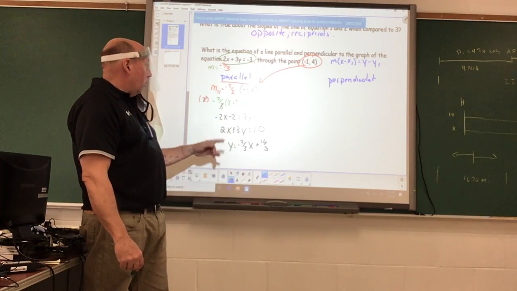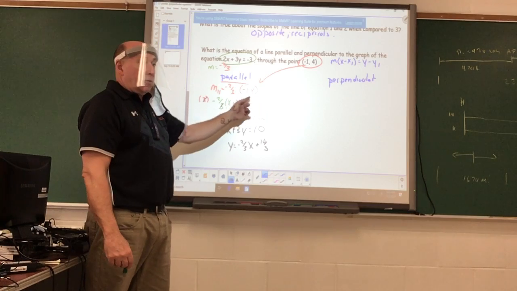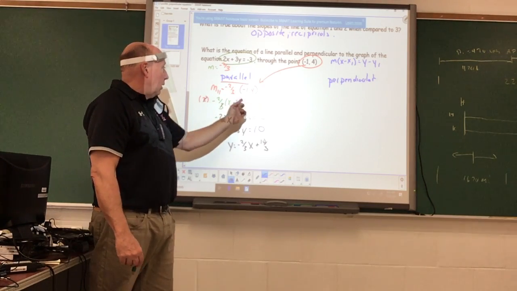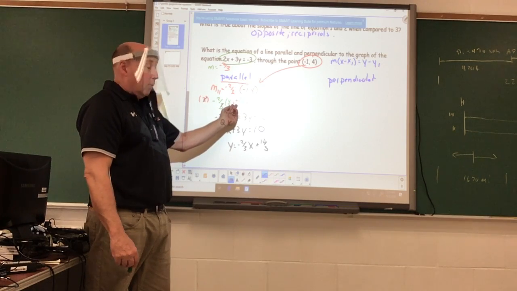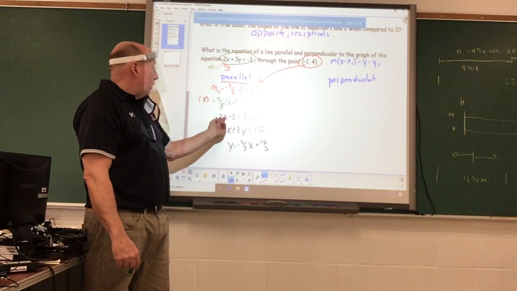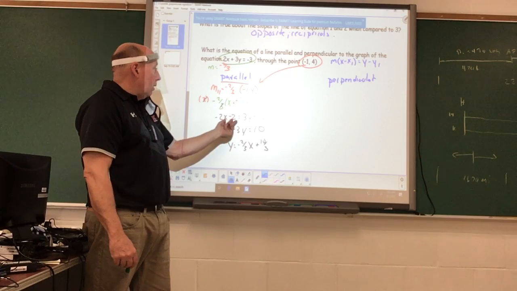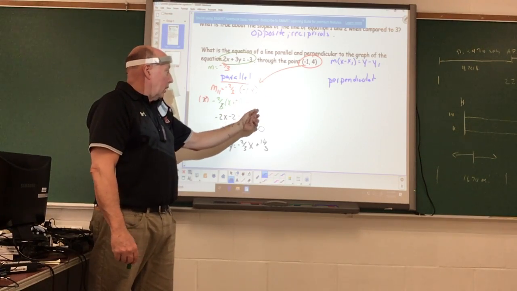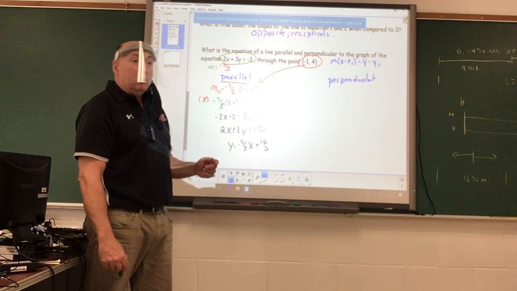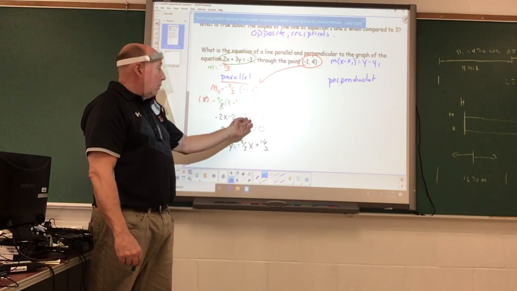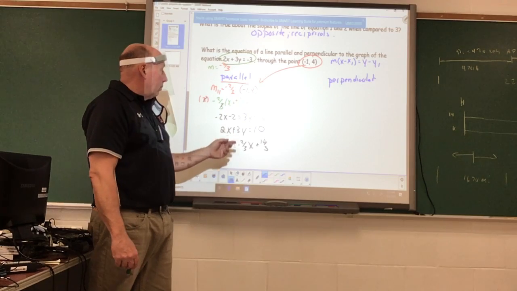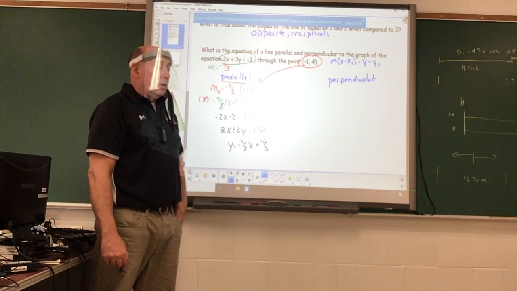I'd accept either or. Multiplying both sides by 3 cancels out my 3 here, so I have negative 2 that I'm going to take through to the x plus 1. Watch your negative here. So we have negative 2x minus 2 here. Distributing the 3 here, I got 3y minus 12. Add your 2x to both sides, add your 12 to both sides. 2x plus 3y is equal to 10.